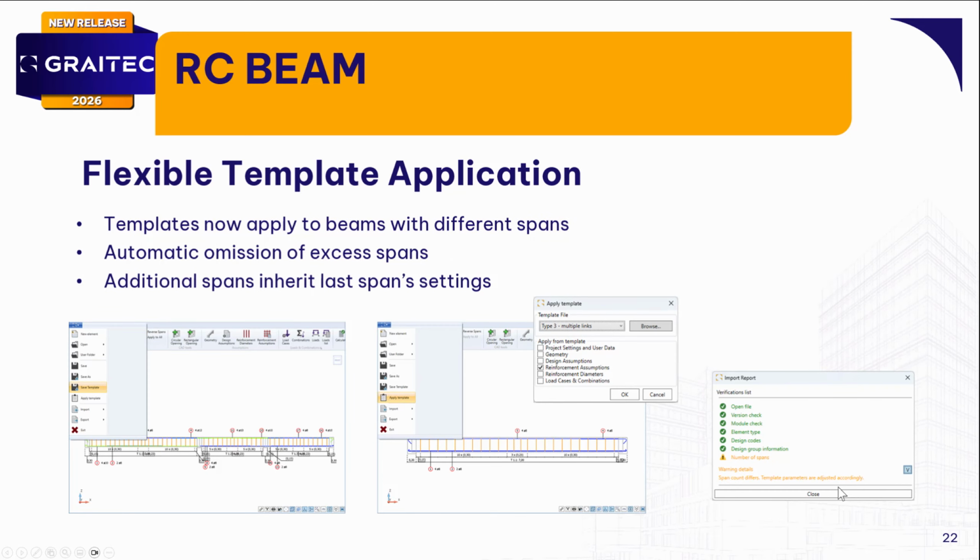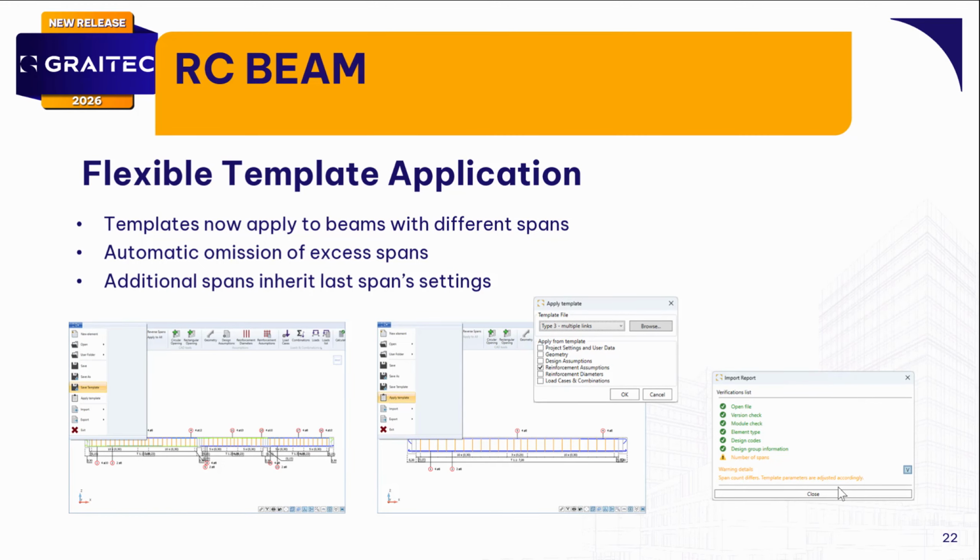Template application is now more flexible. The template in advanced design basically means you design your beam or column, your concrete element, and you can save it as a template for yourself. Now that template can be applied much more easily and faster to different spans of your model.